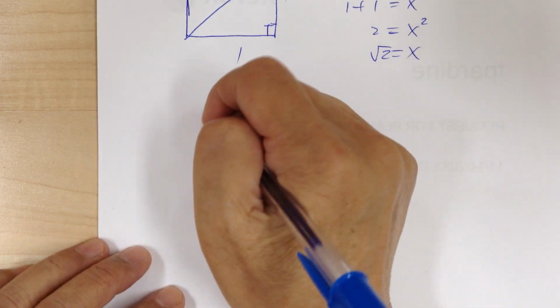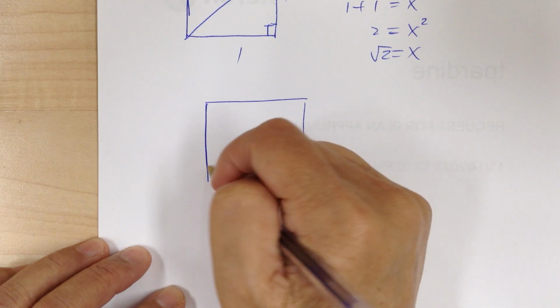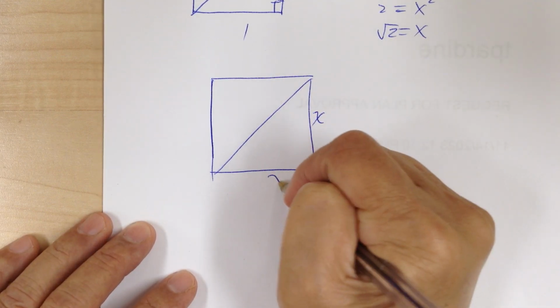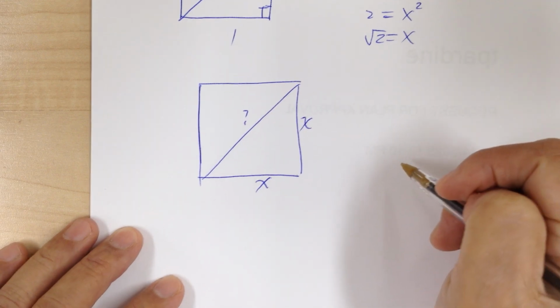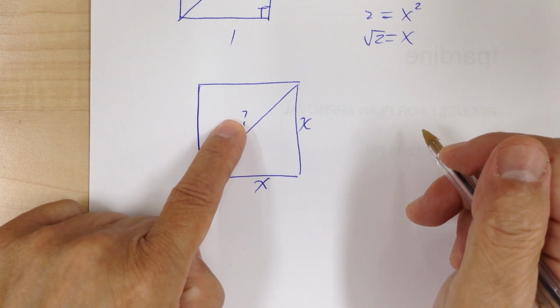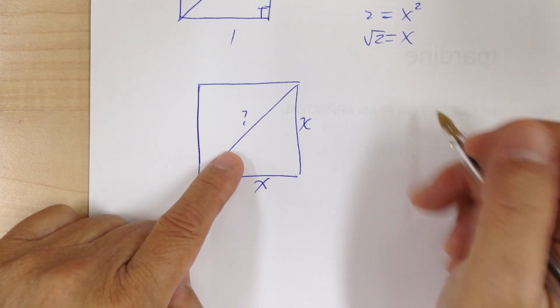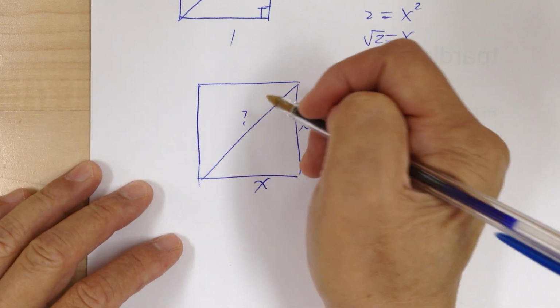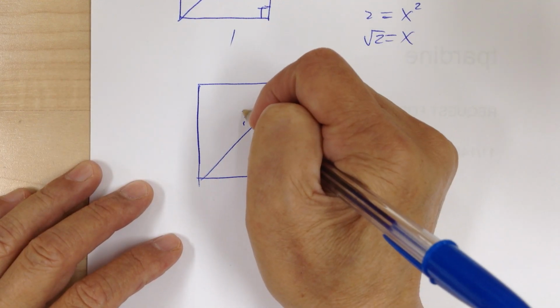Now what happens if you call this x and this x? What will the hypotenuse equal? So x can be any number. To find the hypotenuse, let's call it y.